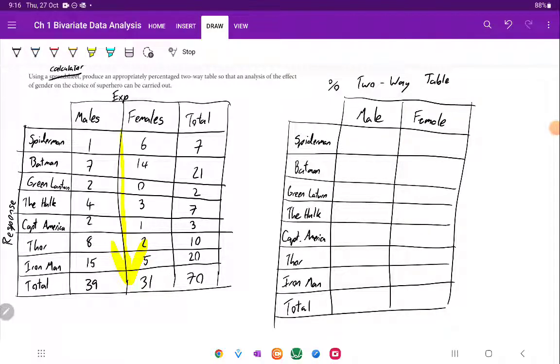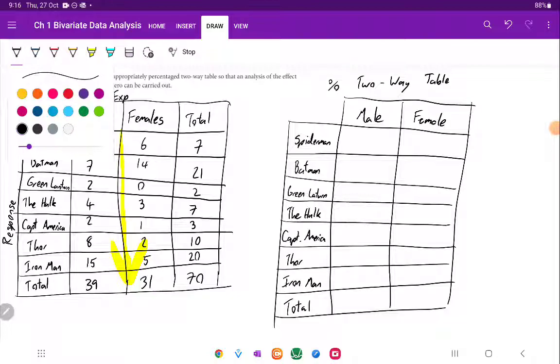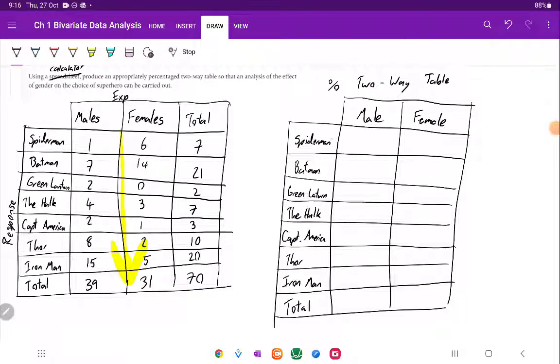Alrighty, so let's calculate all of the numbers that go in here. To work out the number that goes here, I look at how many males there were, 1, divide it by how many males there were in total, 39, and I times it by 100 to work out what percentage of males liked this.